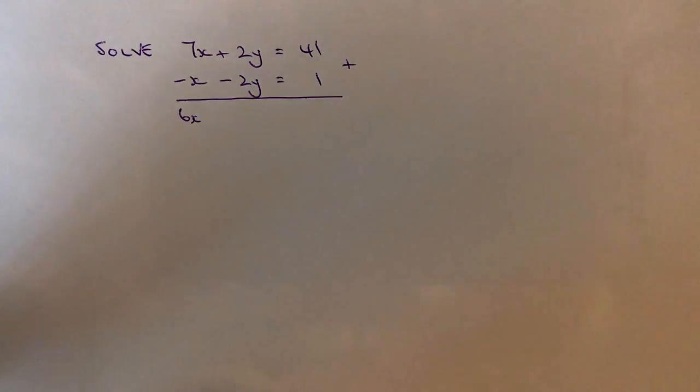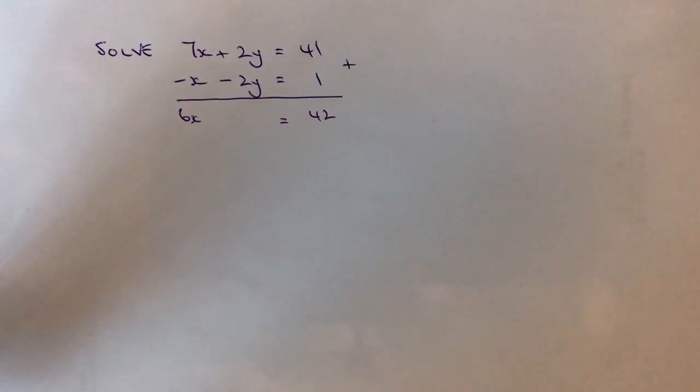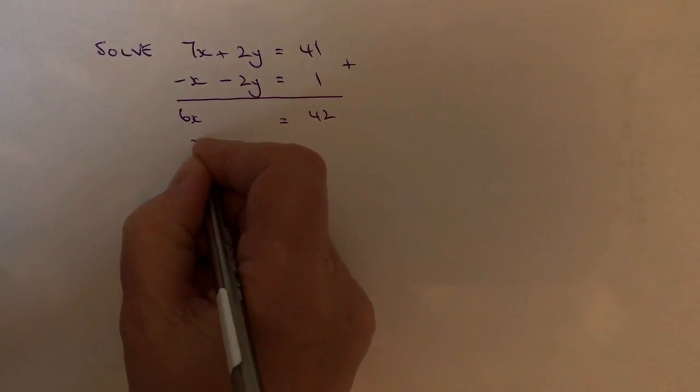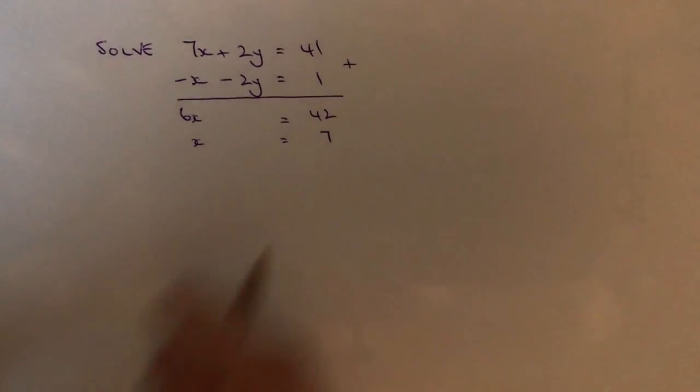And then finally, after the equals sign, I've got 41 plus 1, which is going to be 42. Okay, so 6 lots of x make 42. If I want to find out a single value of x, I'm just going to divide through by 6, and I'm going to get x equals 7.